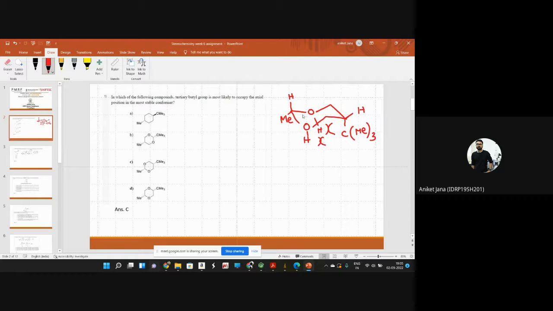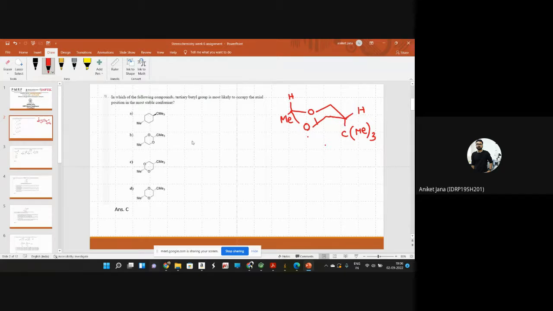But in case of the oxygen, no such interaction is possible, as no hydrogen atom is there. So there is no 1,3 diaxial interaction between them. That is why the tertiary butyl group keeps itself in the axial position, as there is no 1,3 diaxial interaction. So here it is in the axial position.